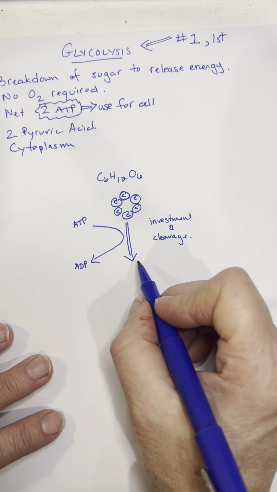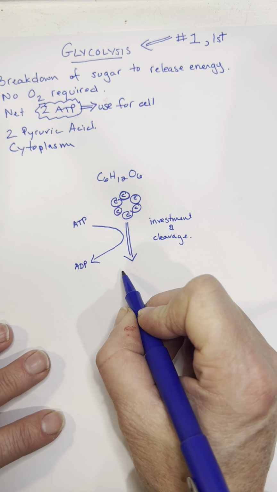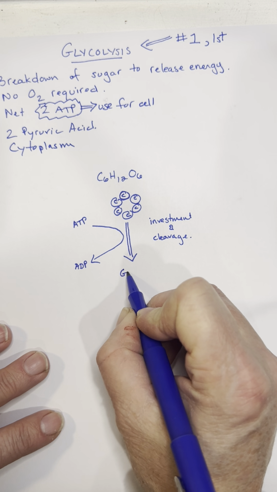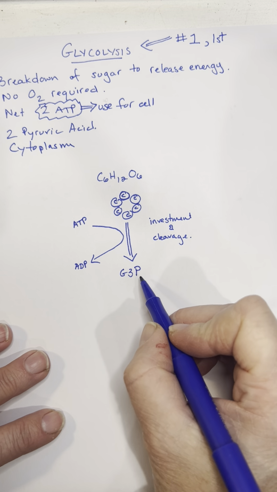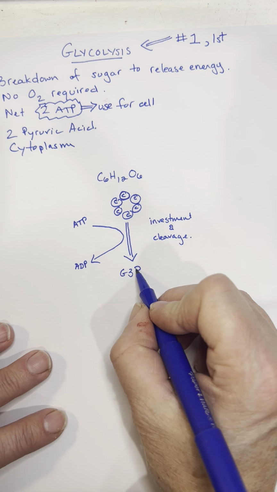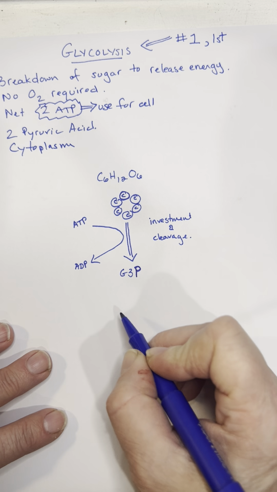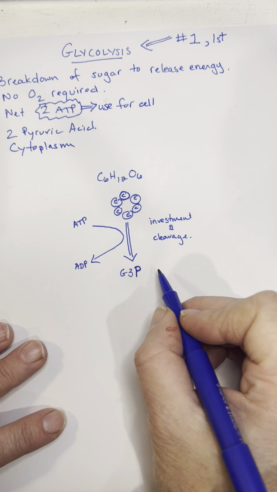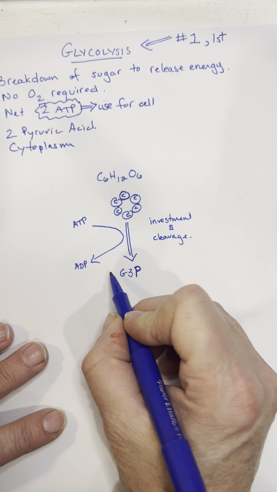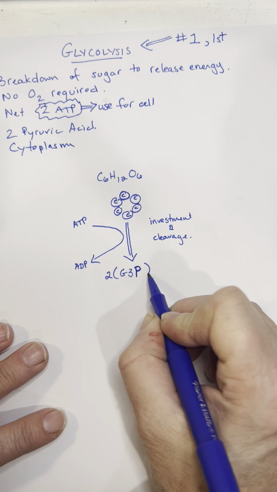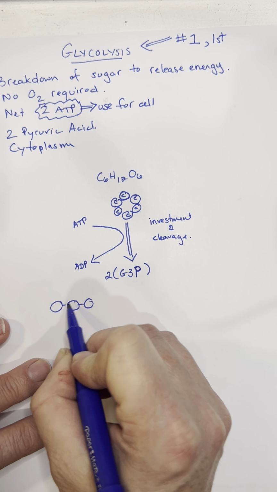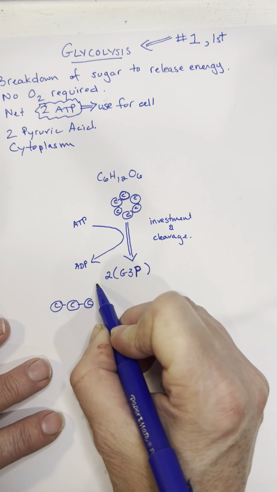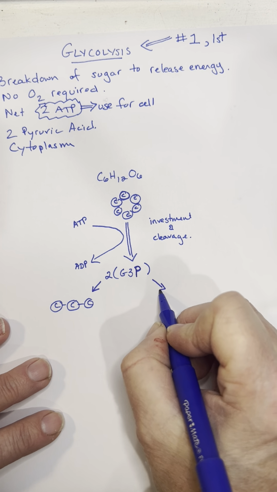And it's going to result in the production of a molecule you already recognize as G3P. If you remember, in the Calvin cycle, we had produced G3P, and 2 of those could be put together to create glucose. So now we're going to be creating 2 of these G3Ps. And so I'm going to represent them with our 3 carbons together. There's one of them, and there's our other G3P.